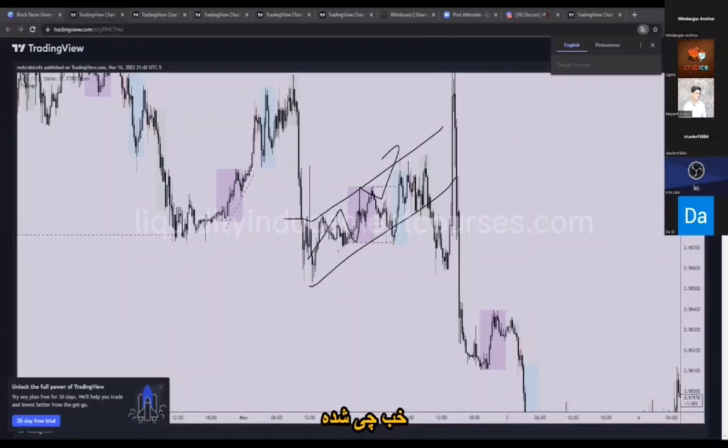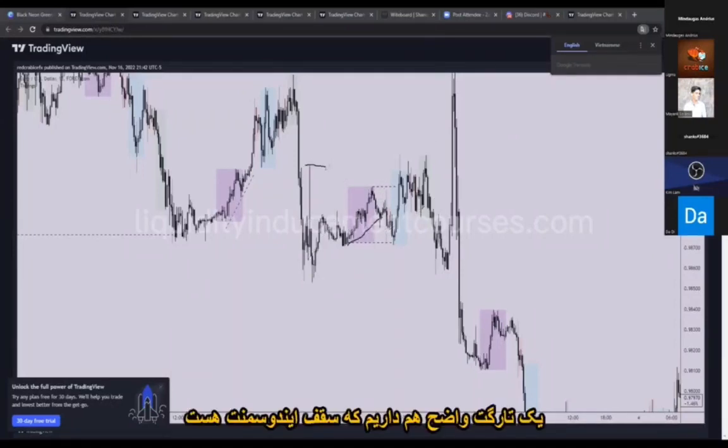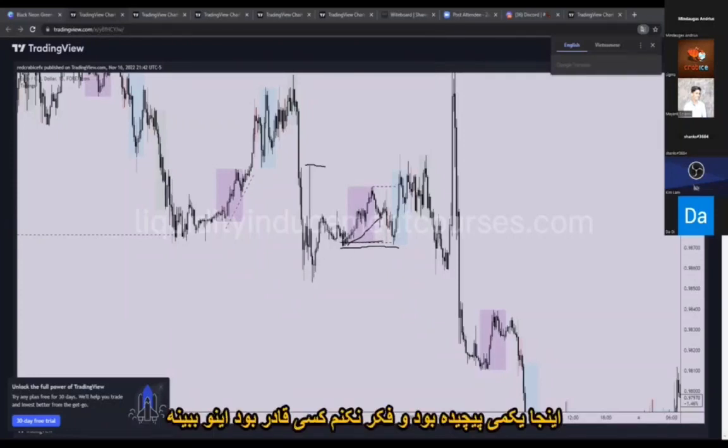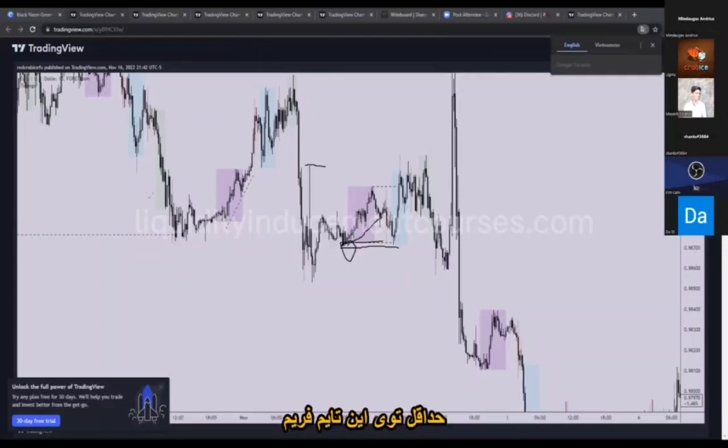So what happened? We built up liquidity. We had a clear target, an inducement high right here, and Frankfurt and London manipulated them out and mitigated this POI. This was pretty awkward, and I don't think anyone would be able to see this, at least not on this time frame. But yes, mitigated POI and continued. So you can take a moment and look at it.